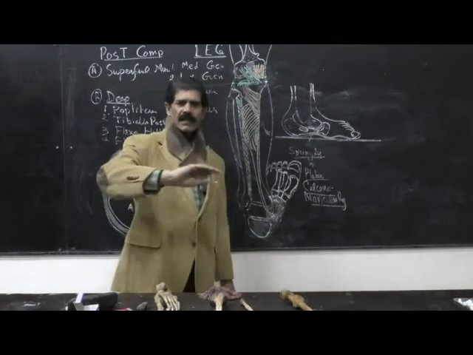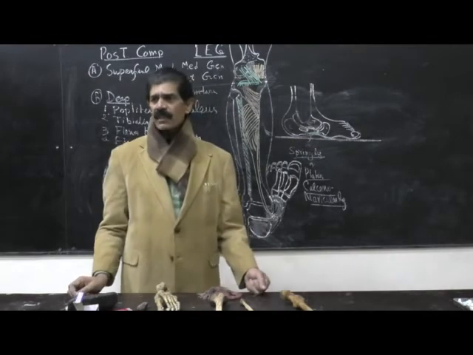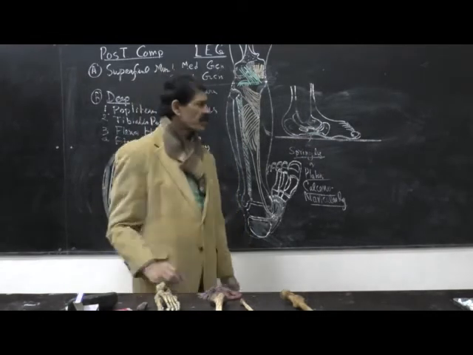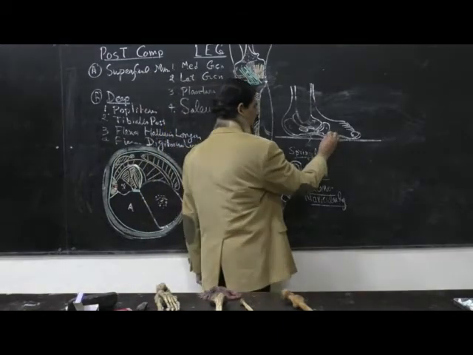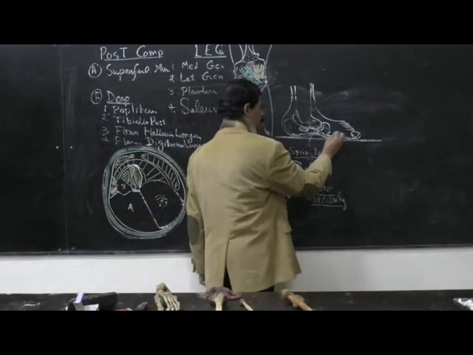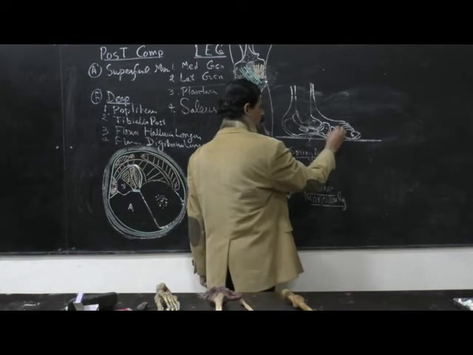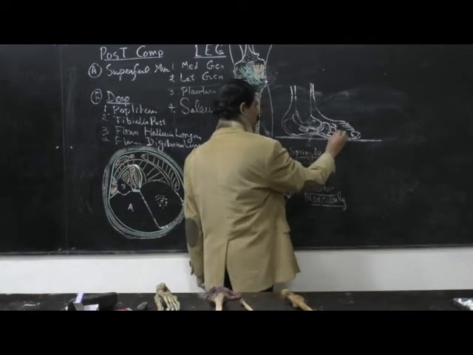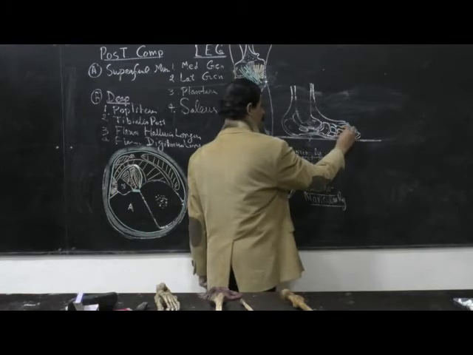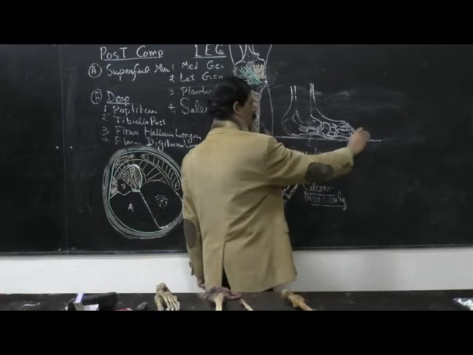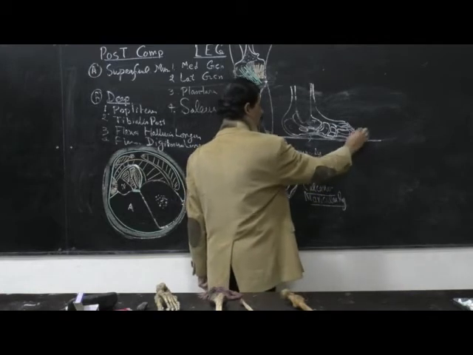So a cave-like structure is formed, which is called the pes cavus deformity of the foot. Now this navicular bone, as we know, articulates with three tarsal bones, the medial cuneiform, the intermediate cuneiform and the lateral cuneiform, which reciprocally attach to the first, second and third metatarsals, so it is the medial longitudinal arch of the foot.